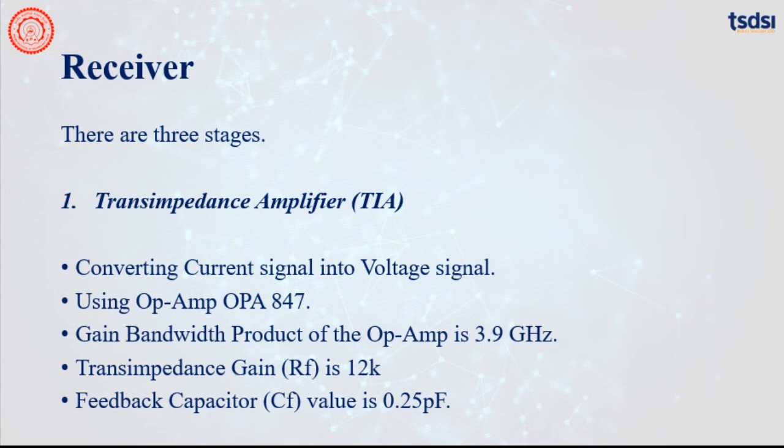The transimpedance gain of the circuit is 12 kilo ohm. Since the photocurrent generated by the photodiode is in the range of microamperes, I took the gain in the range of kilo ohms, and the calculated value of the feedback capacitor is 0.25 picofarad.